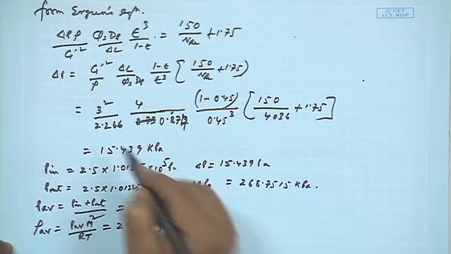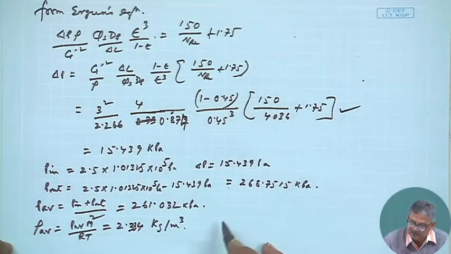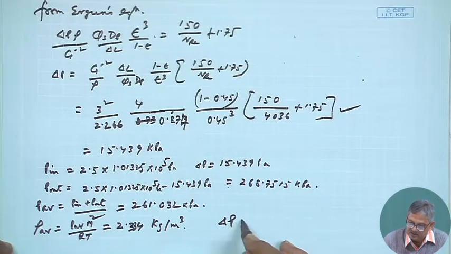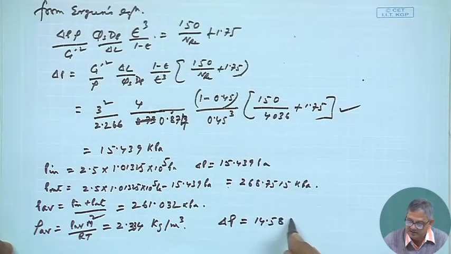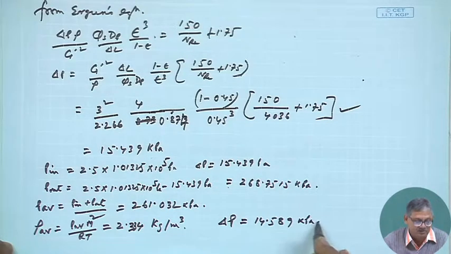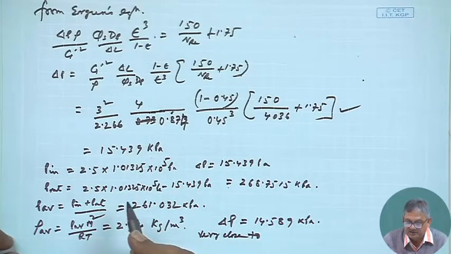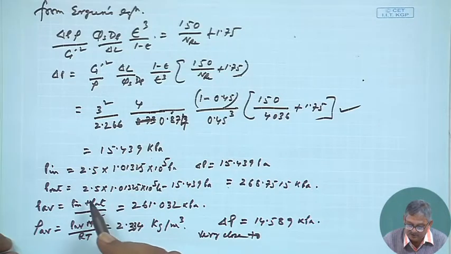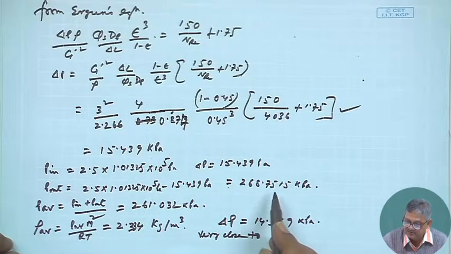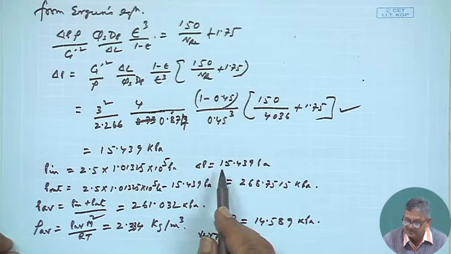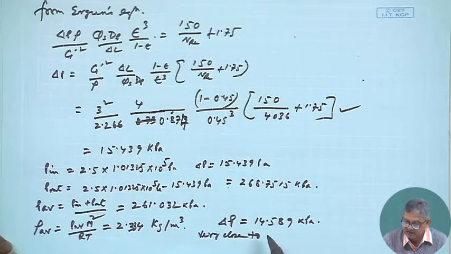And if we do the same delta P calculation, delta P comes to be 14.589 kilopascal, which is very close to the assumed value that we found from P average in the first approximation.